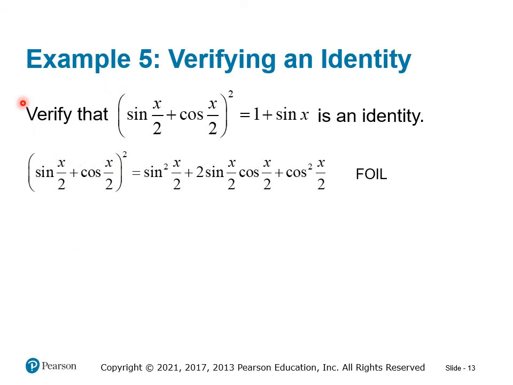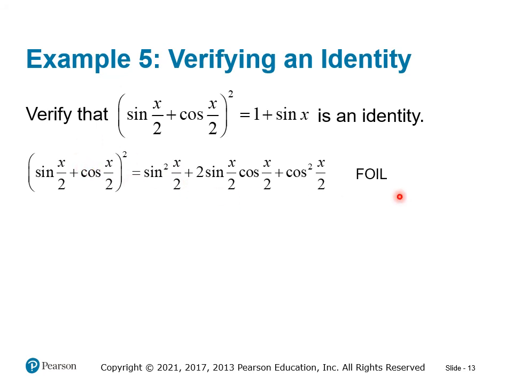A good idea is to get rid of parentheses, to get rid of algebraic things going on. So the first thing I'm going to do is square this, and this is a FOIL. So I get sine squared x over 2 plus 2 sine x over 2 cosine x over 2 plus cosine squared x over 2. Again, I'm not going to show the FOIL. You should be able to do a simple square using a FOIL or a multiplication table.